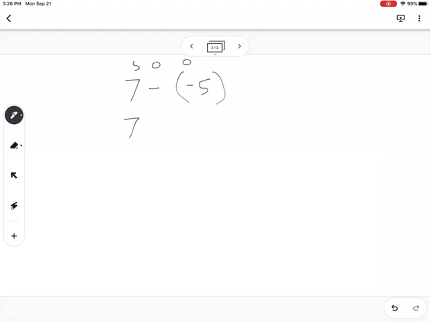So the 7 stays the same, the opposite of subtraction is addition, the opposite of negative 5 is positive 5. And that looks a whole lot easier. And this is one of the reasons why it's useful to change subtraction to addition. So instead of 7 minus negative 5, it's really the same as 7 plus 5, which would be 12.